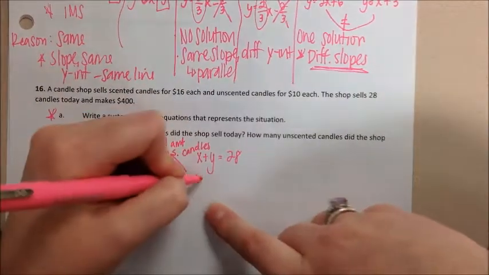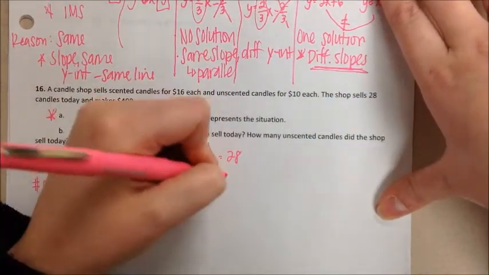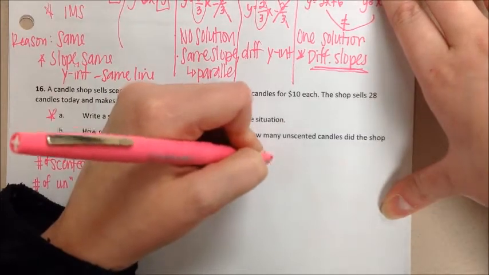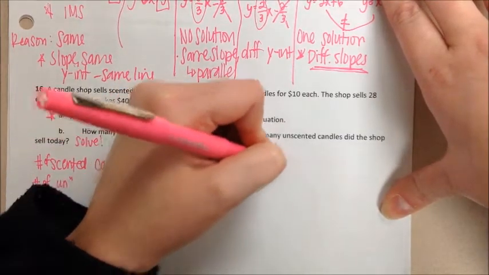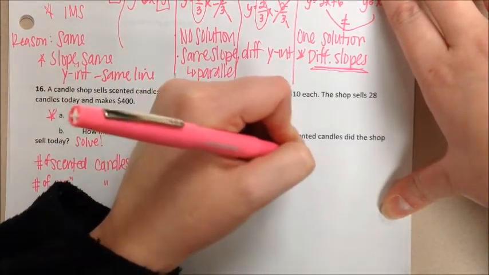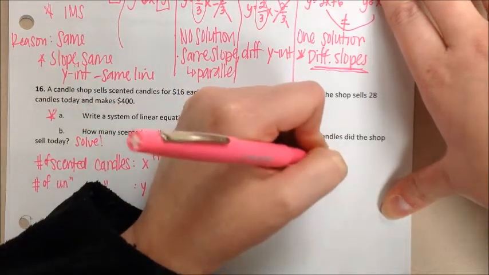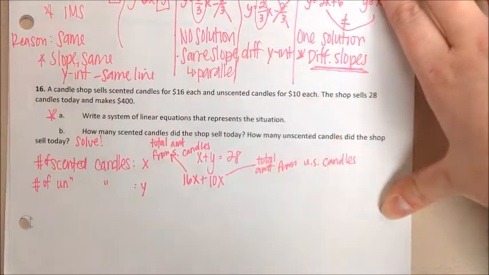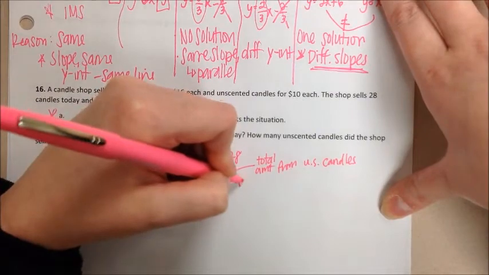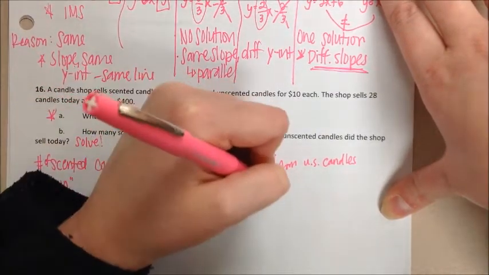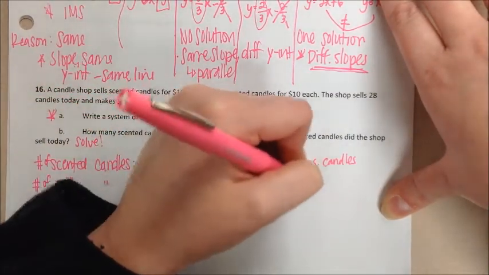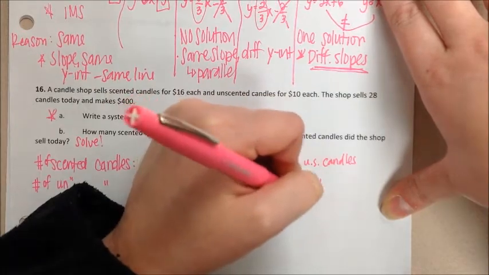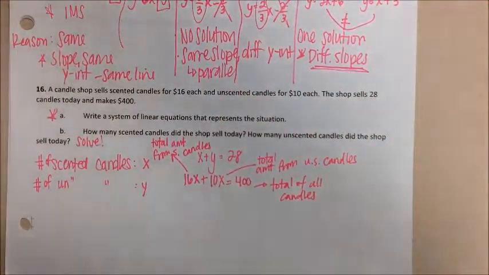And then I'm going to add 10Y, and that's the total amount from unscented candles. And then that's going to equal $400, which is the total of all candles sold.